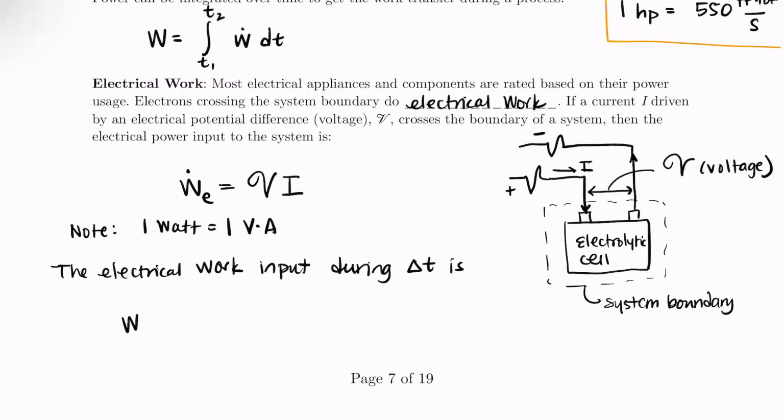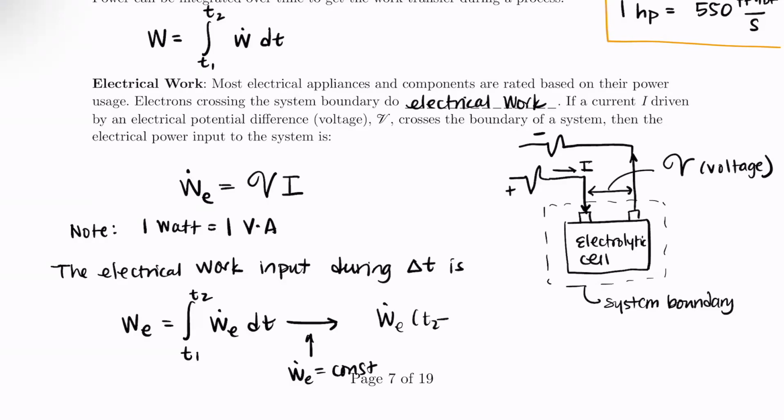So we have W_E is equal to the integral from T1 to T2 of W dot E dt. So this is kind of a variation on the same equation that I wrote above. Works for electrical work as well. And then if W dot E is a constant, this equals W dot E times (T2 minus T1), or W dot E times delta T.